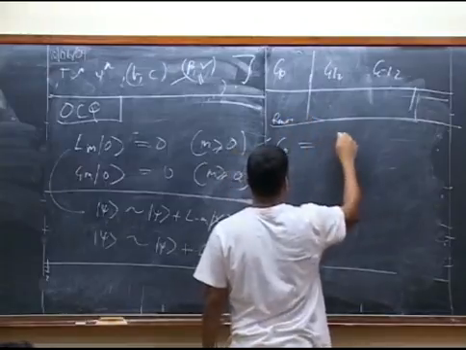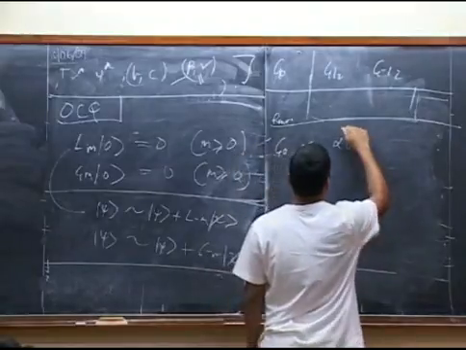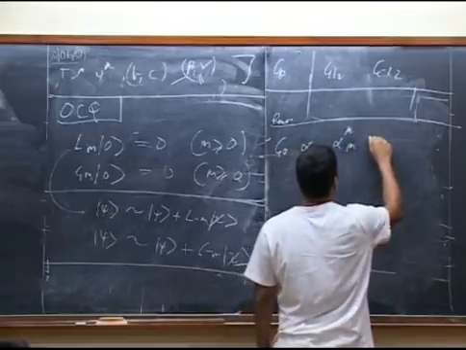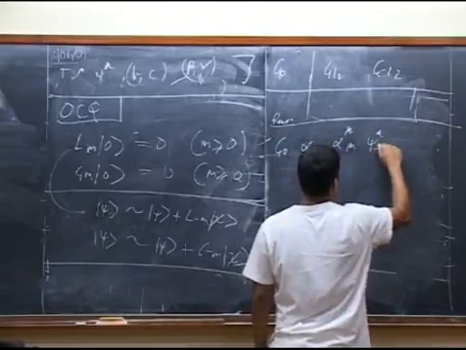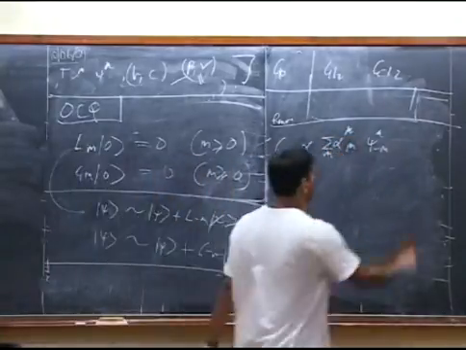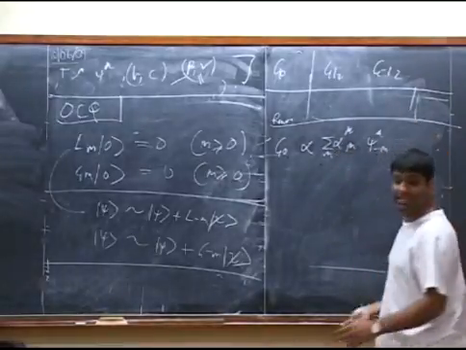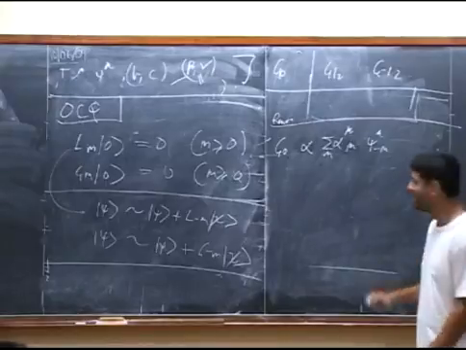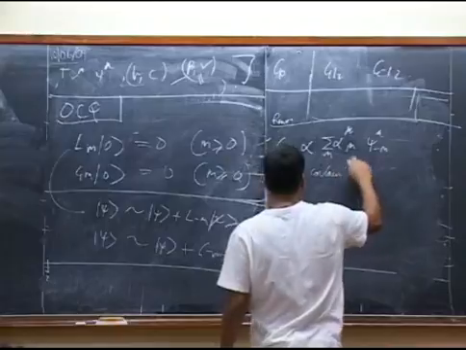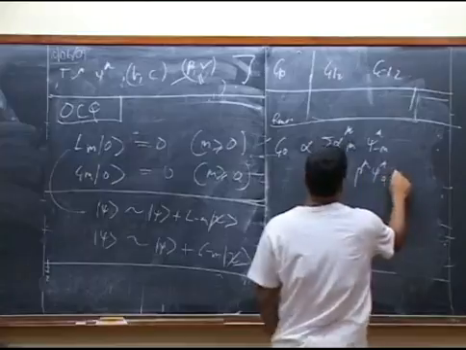G0 is proportional to alpha 0 mu times alpha m mu times psi mu minus m. The thing that will be important is that this contains a piece which is alpha 0 times psi 0. Alpha 0 remembers the momentum. So this contains P mu times psi mu.